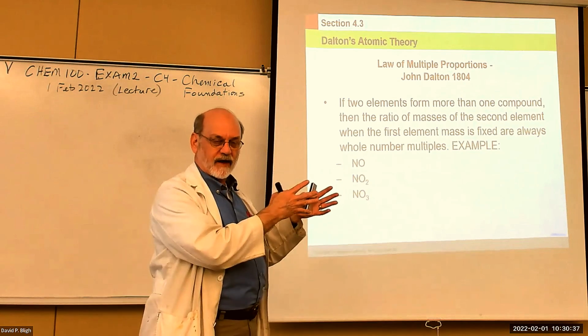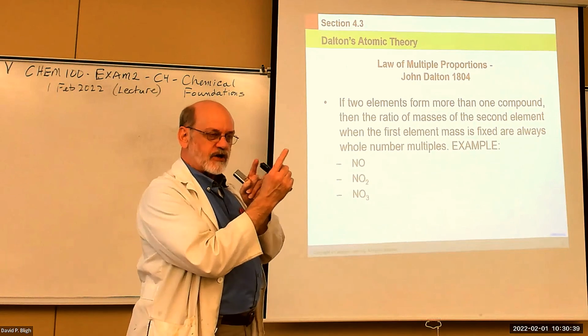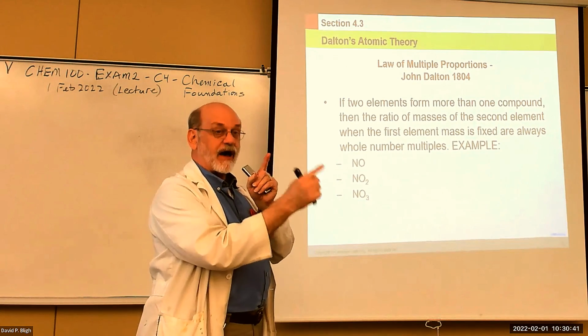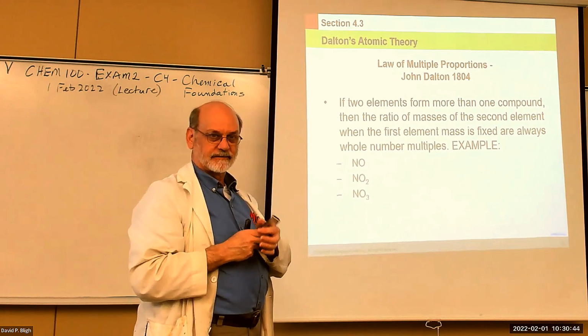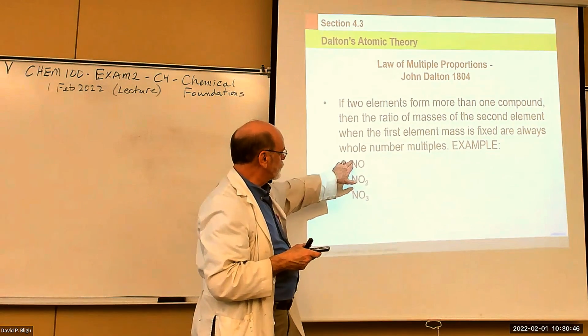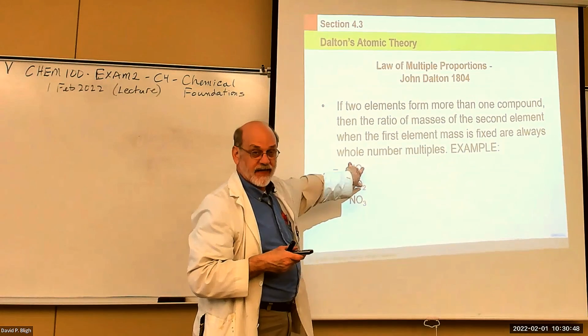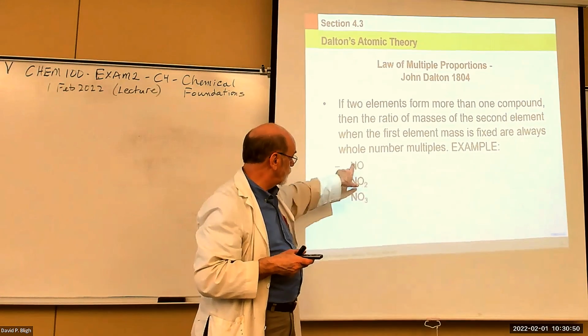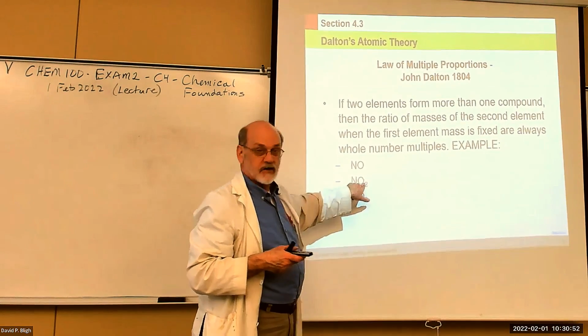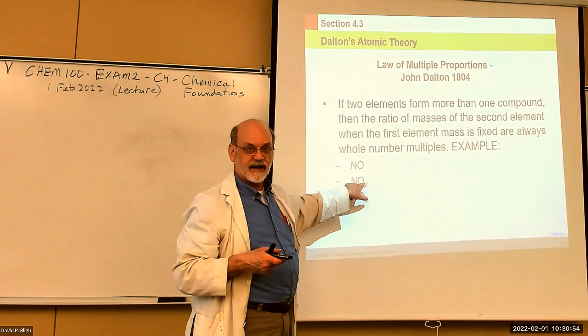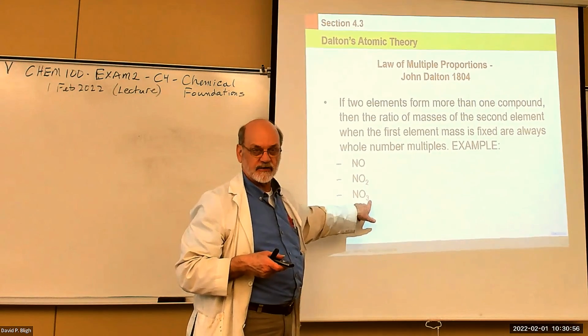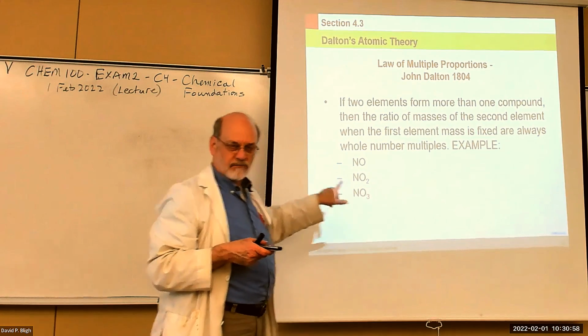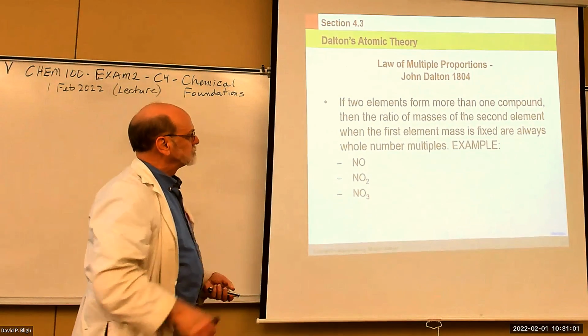Then that different compound will ratio the second element by whole numbers. So if you have a certain amount of this one, and you fix a certain mass of that one, then for this one, with the same mass, you'll have twice as much of the second element. And for this one, you'll have 3 times as much of the second element. That's multiple proportions.